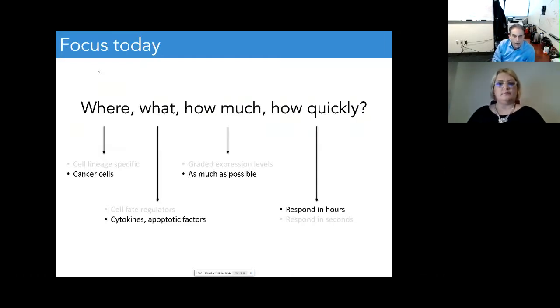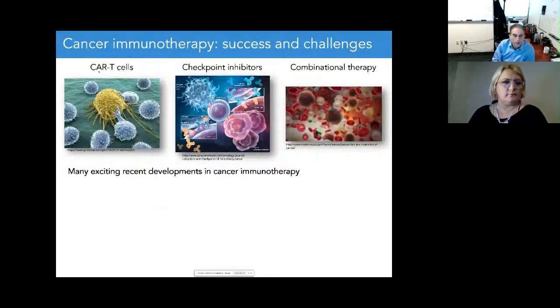The notion here is that in cancer treatments right now, there's been tremendous progress using your immune system to fight tumors, creating inflammation in the tumor microenvironment that will cause immune cells to infiltrate tumors and wreak havoc on the tumor.